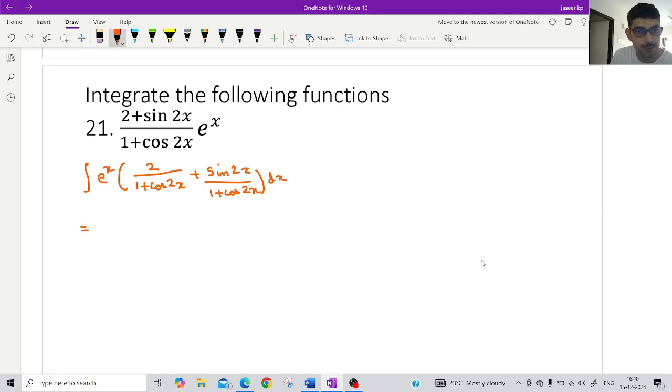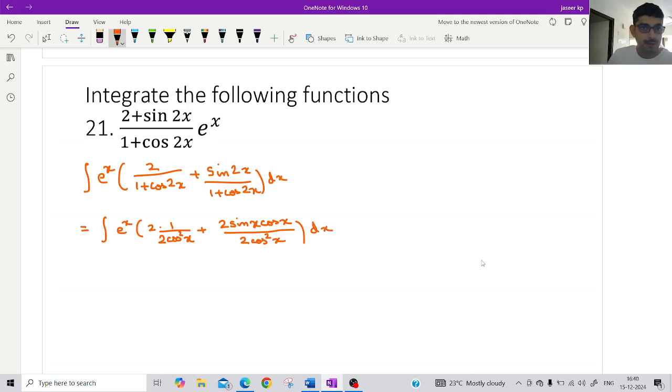That is equal to the integral of e power x, 2 into 1 by (1 plus cos 2x), which is 2 cos square x, plus sin 2x, which is 2 sin x cos x, again over 1 plus cos 2x, which is 2 cos square x, dx.